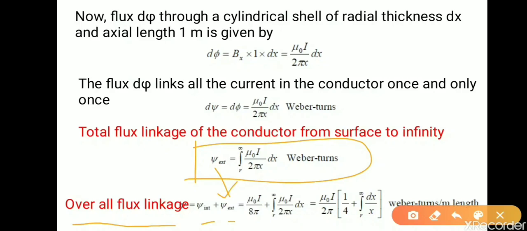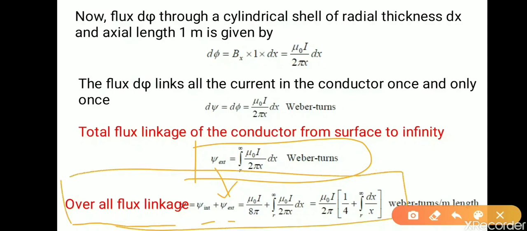We have taken it common, then it is multiplied by 1 by 4 plus the integral from r to infinity of dx by x. So this is the overall flux linkage, whose unit is Weber turn per meter length.